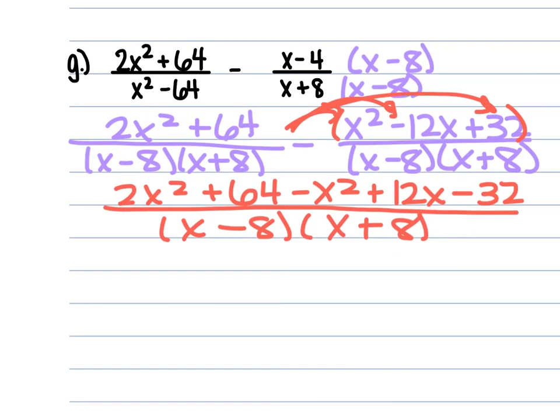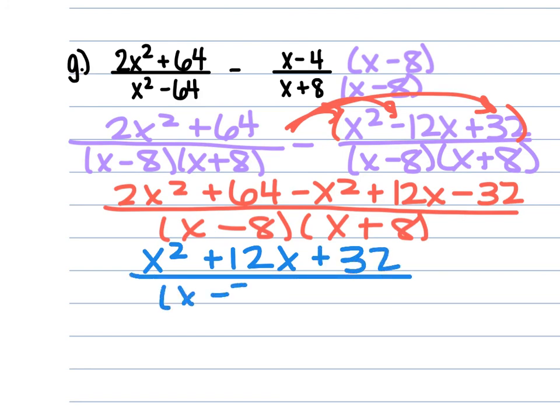So from here, combine your like terms. We're going to have the 2x squared minus x squared to give us x squared. That 12x will come next. And then we have 64 minus 32, which is a positive 32, all over x minus 8 times x plus 8.